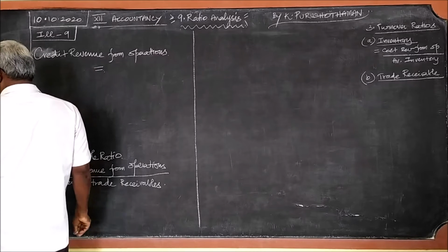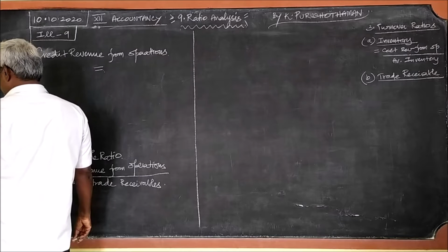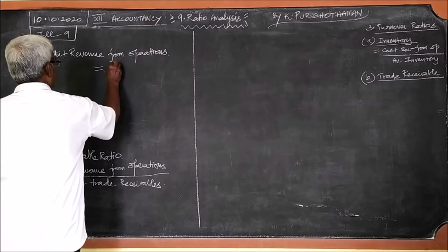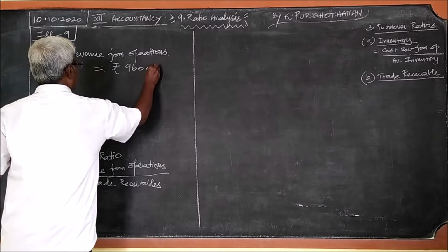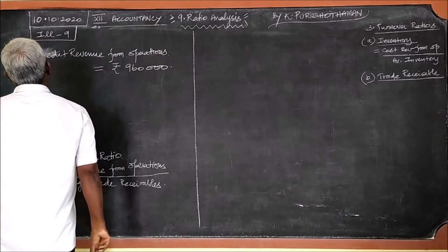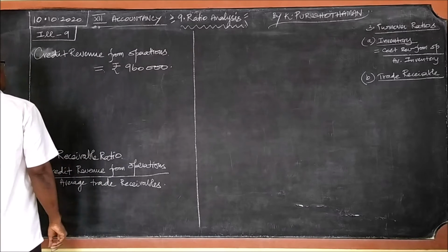The credit revenue from operations of Parini Limited amounted to rupees 9,60,000. This is given straight away. We need not add anything and find the answer.